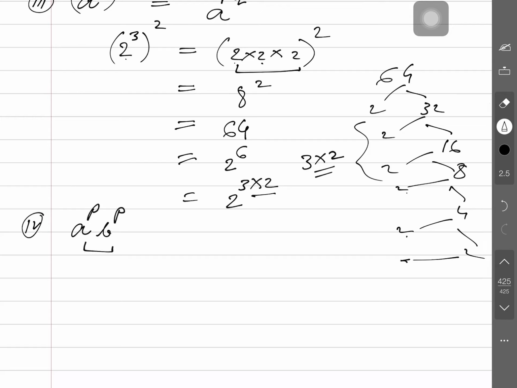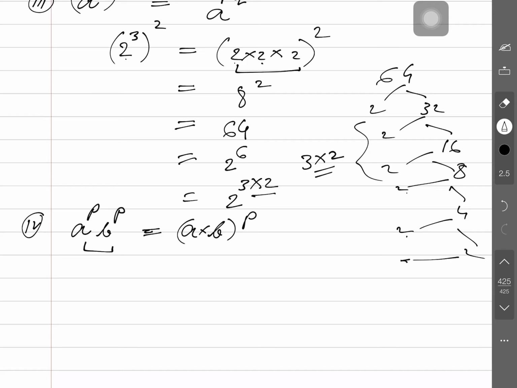It means the bases are different, but the powers are the same. So, this can be written as a into b, whole to the power p. It means that if two exponent terms have different bases but the same power, then their bases can be combined together, and the power is taken a single time.